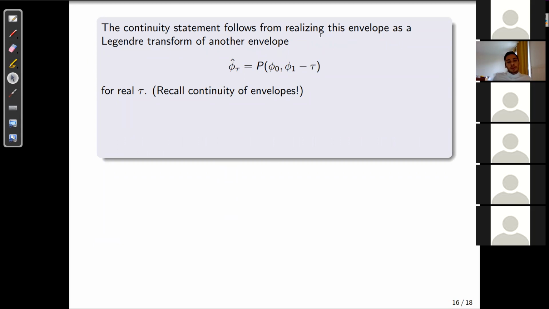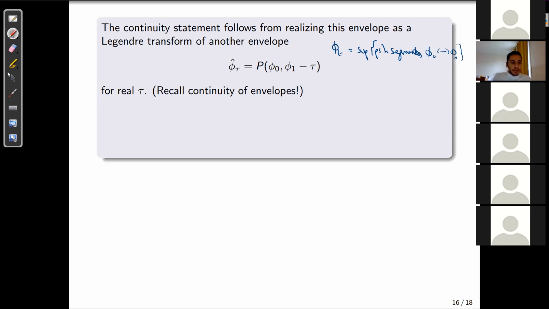For the continuity, we realize this envelope as a Legendre transform of another envelope. So we define this. We lost the expression, so I'm going to just write it again. φ_t equals the sup of PSH segments that are going to join φ_0 and φ_1.